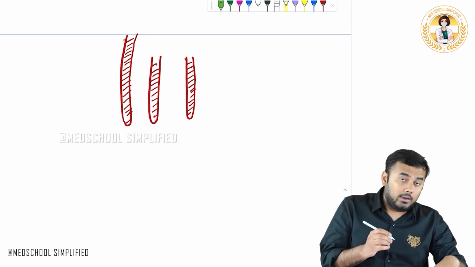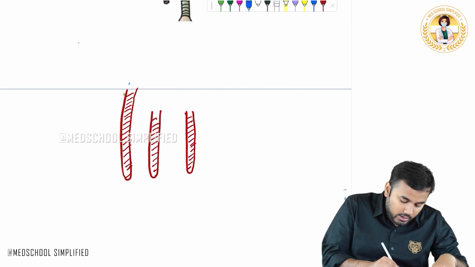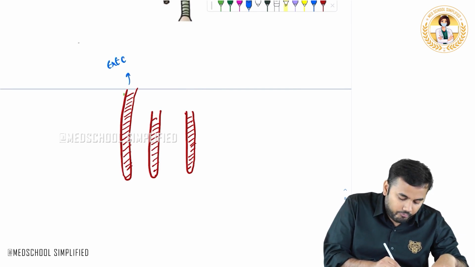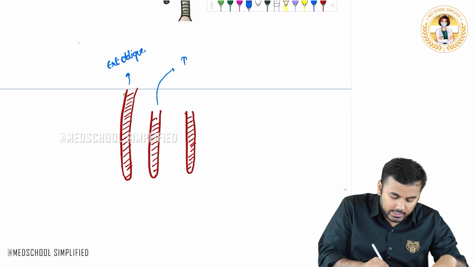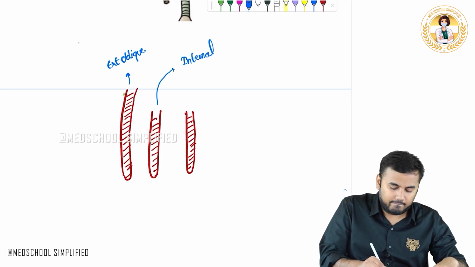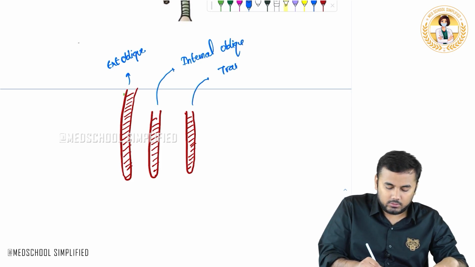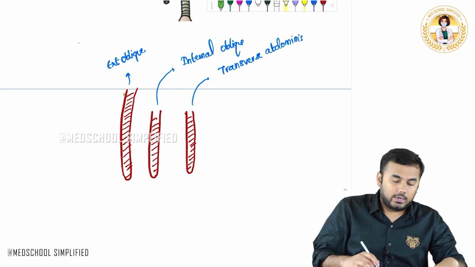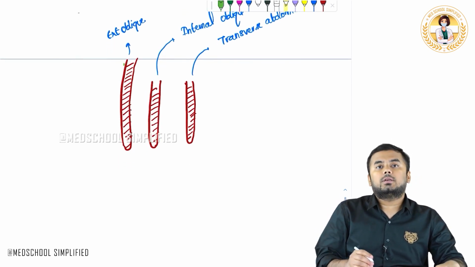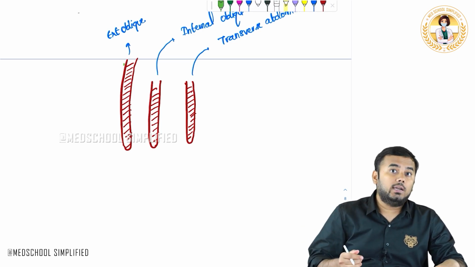Now, let me write these names here. This is called external oblique, this is called internal oblique, and this is called transverse abdominis. Now, if you look here, guys, I told you the external oblique muscle aponeurosis in the lower part will turn inside and form the inguinal ligament.